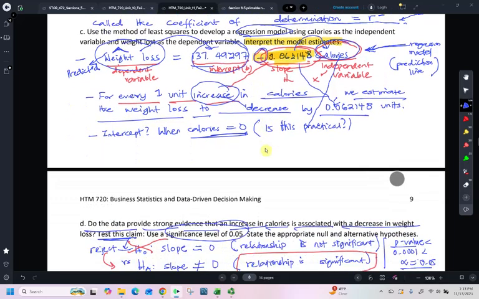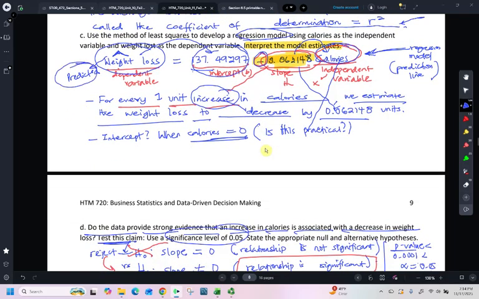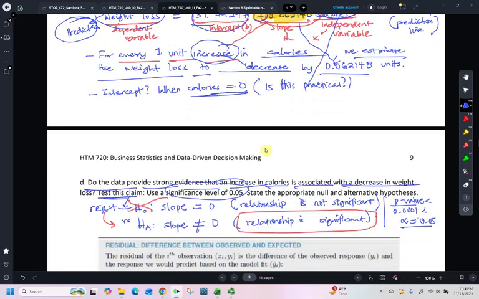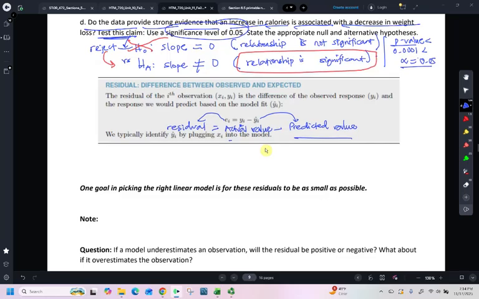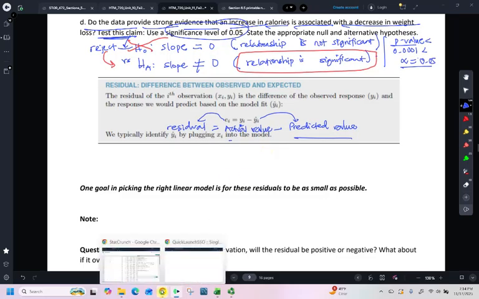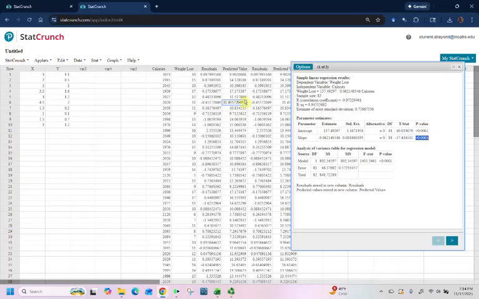So note that when you make predictions, it might not be exactly equal to the actual value. When that is the case, we define the residual for a particular observation to be the actual value of the response variable minus the predicted value. Okay, and how do we find that? The good news is if you have your data set, you'll see the predicted values here and the residuals. I have run this twice, which is why it is generating it twice.